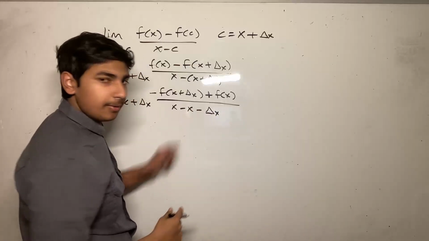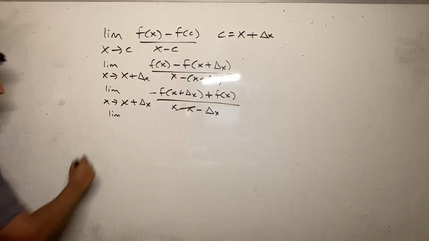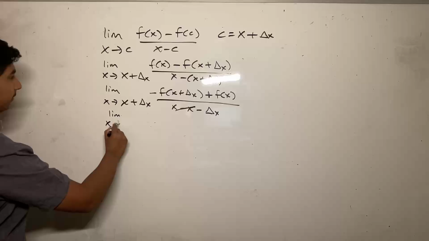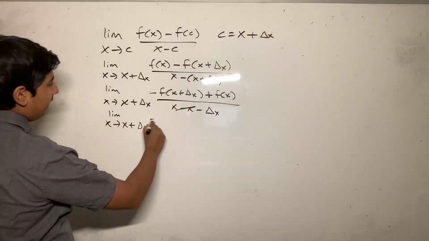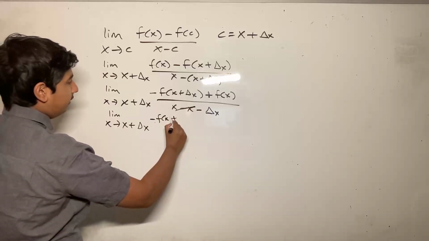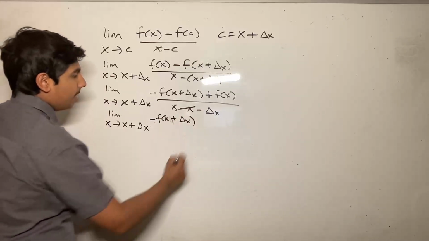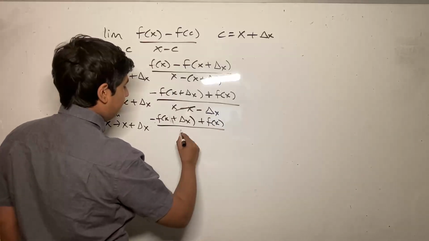And so these x's cancel, and we get the limit as x approaches x plus delta x of negative f of x plus delta x plus f of x all over negative delta x.